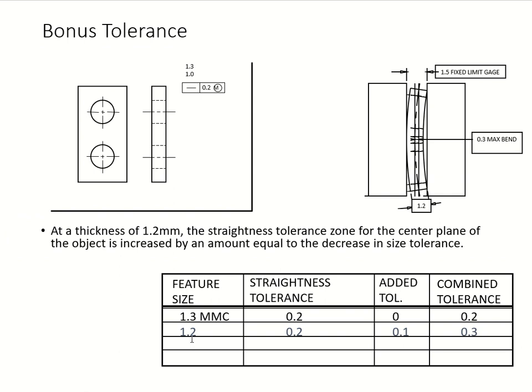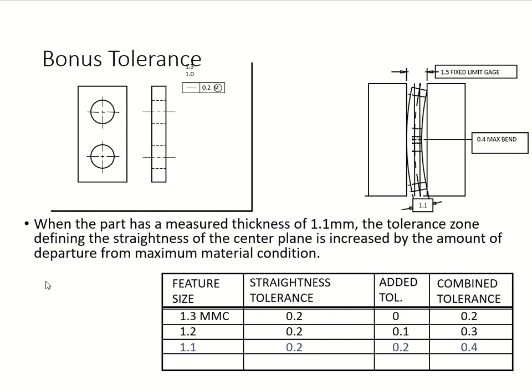Now we're going down from 1.3, the upper size limit, and we're going to go down to 1.2. Your straightness tolerance is 0.2. We're going to add a tolerance of 0.1, a little more. So you add the bonus and this is 0.3. It's not that difficult.